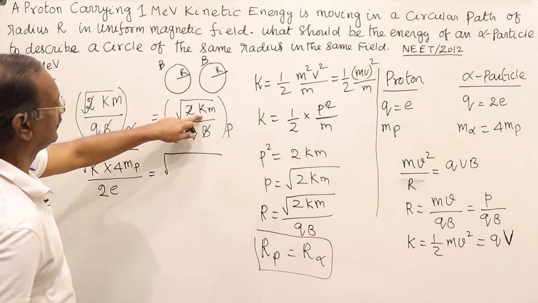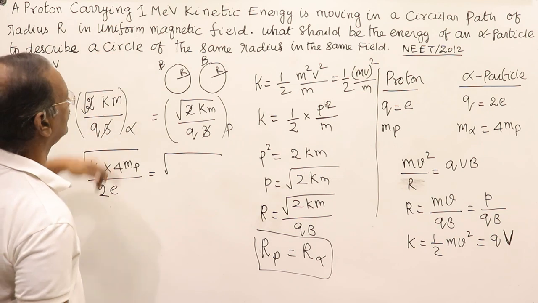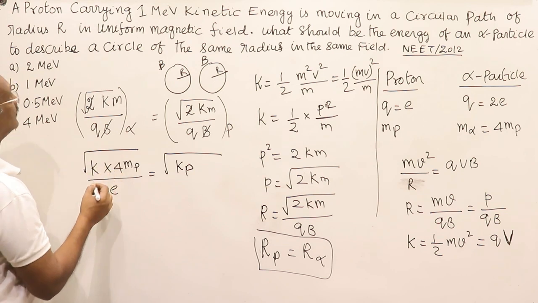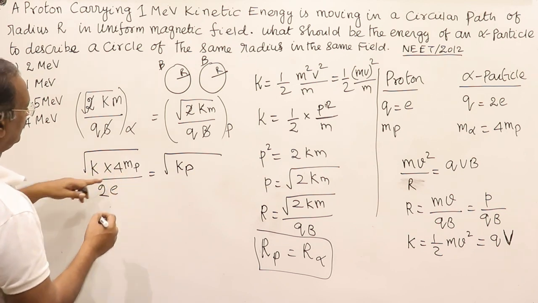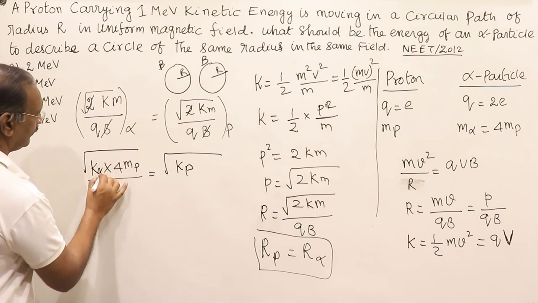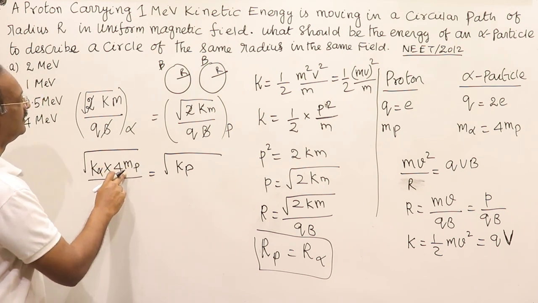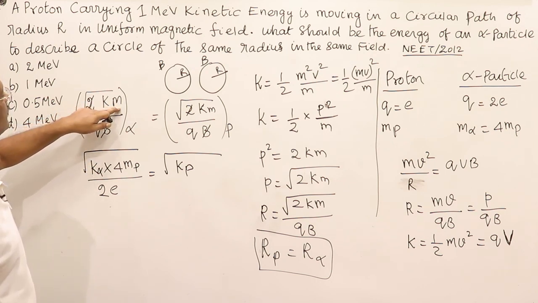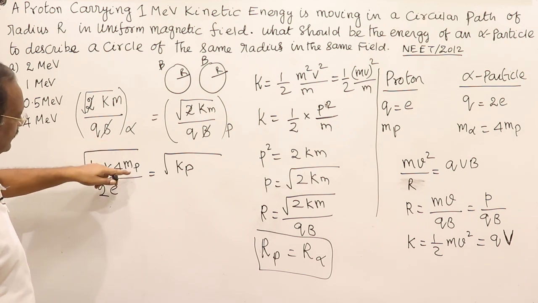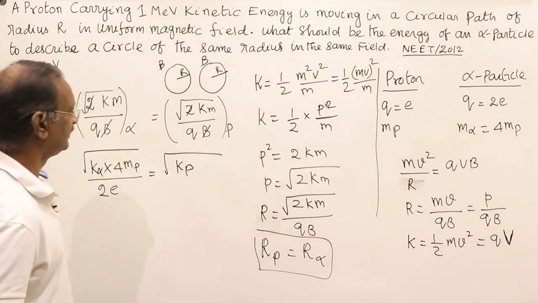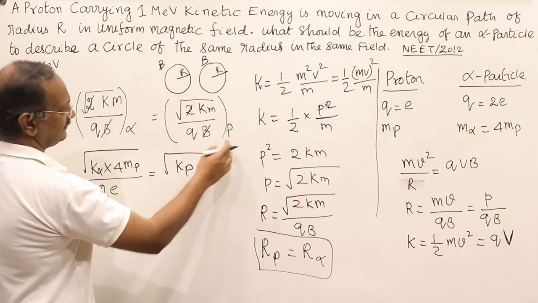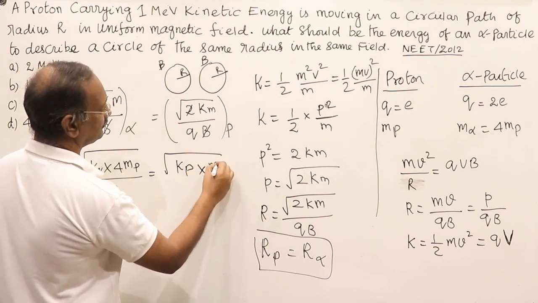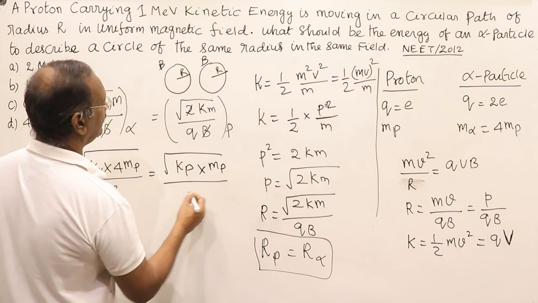So K for the proton is given as 1 MeV. K of alpha into 4 times the mass, mass of alpha being equal to 4 times mass of proton, equals the kinetic energy of proton into mass of proton, divided by the charge of proton.